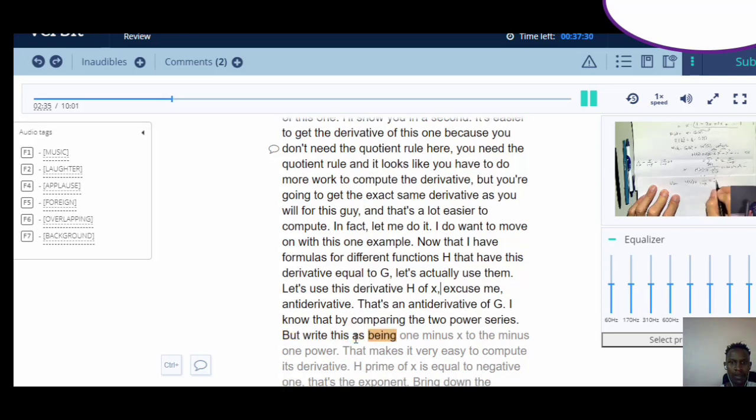But write this as being 1 minus x to the minus. Here's the place where the mathematical guidelines come into place. 1 minus x, it's a mathematical equation. So in this case, even though numbers below 10 should be in words, in this case we are going to use a numeric because this is an exception. 1 minus x to the minus 1 power.